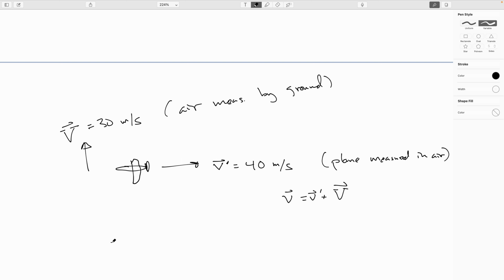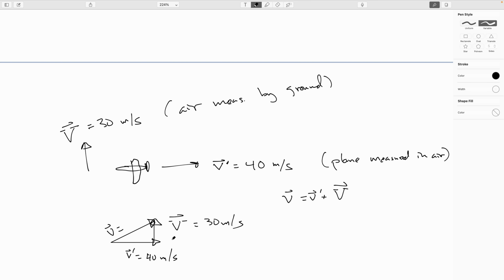So let's do this one head to tail. So v prime is 40 meters per second. And we'll say that capital V here is 30 meters per second to give me little v, the velocity that the ground measures for my aircraft.